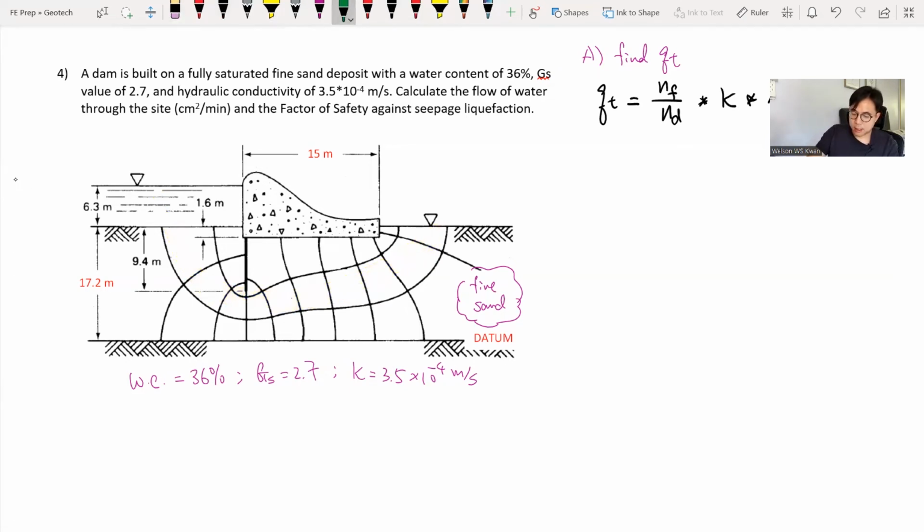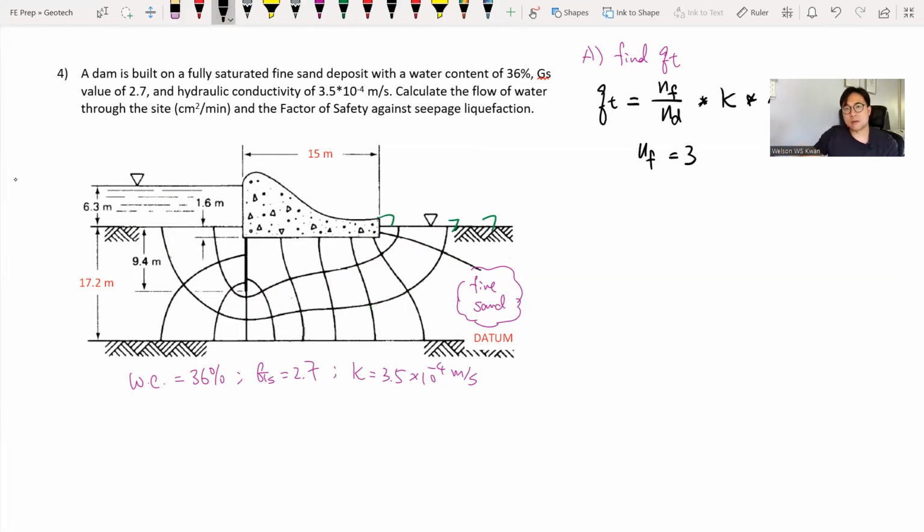So what is a flow tube? A flow tube is what you can see here. This is one flow tube. This is the second flow tube. And this is the third flow tube. So we have 3 flow tubes. And next, N sub D. What is N sub D?